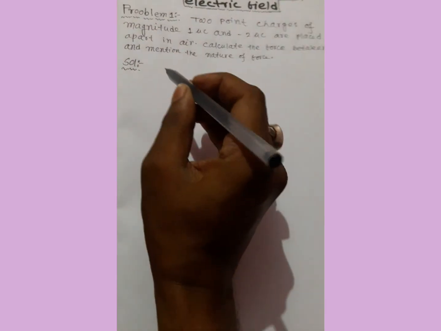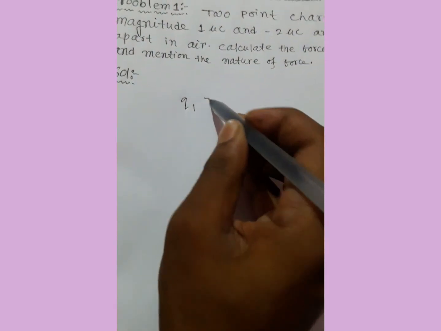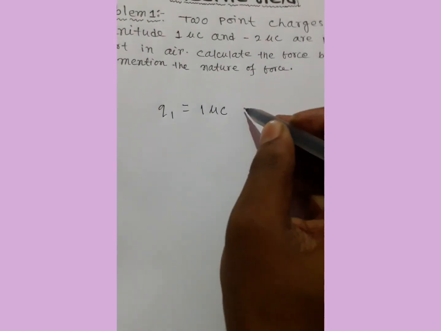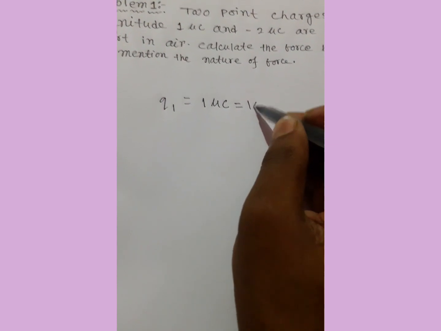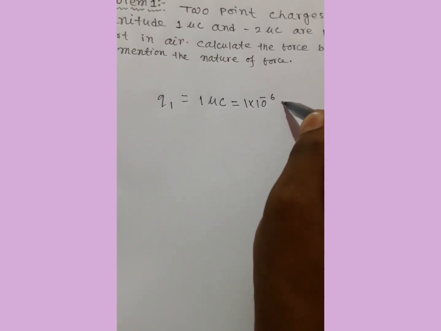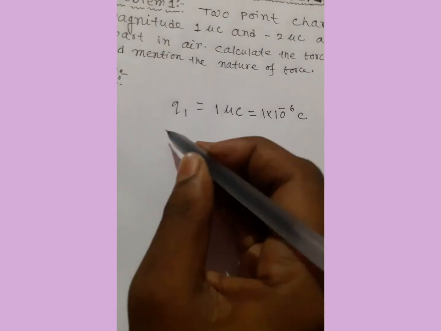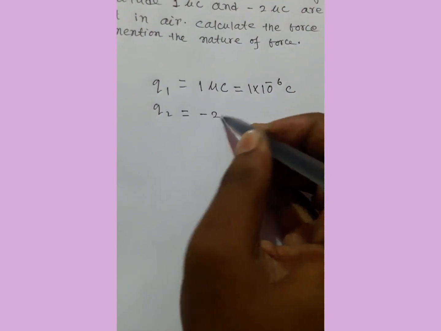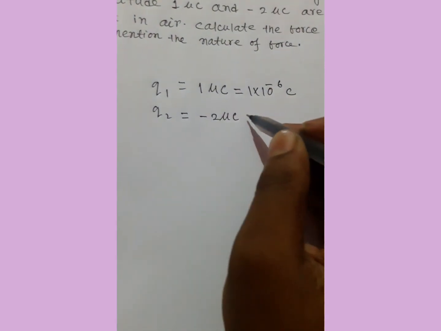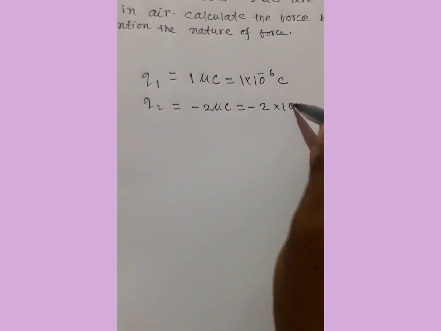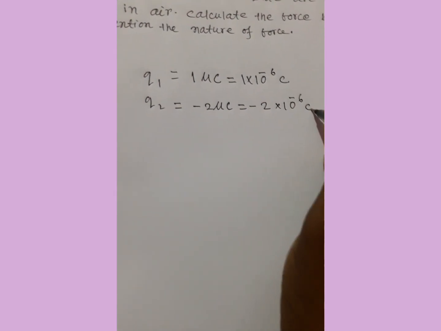Let's solve the problem. Here Q1 equal to 1 microcoulomb equal to 1 into 10 to the power minus 6 coulomb, and Q2 equal to minus 2 microcoulomb equal to minus 2 into 10 to the power minus 6 coulomb.